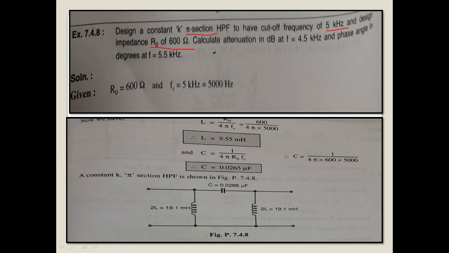Calculate the attenuation in dB at a frequency f equal to 4.5 kilohertz, and the phase angle in degrees at f equal to 5.5 kilohertz. This data is provided to design the constant K pi section of the high pass filter.